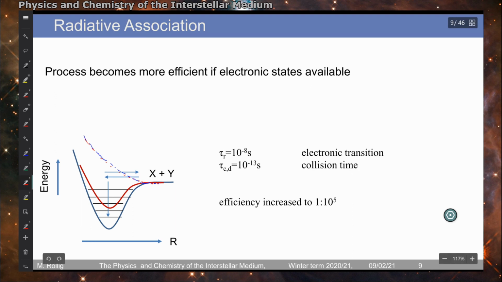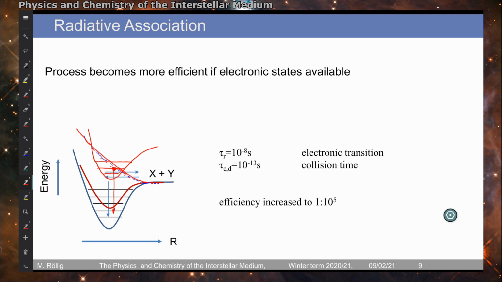And when we have, for example, an electronic energy surface of an excited state, then these are bound energy states that our repulsive potential crosses, so that it can remain longer here before it may fall down onto a bound molecular state.